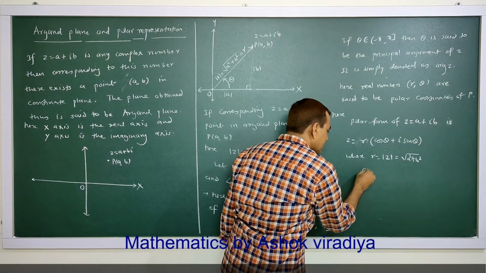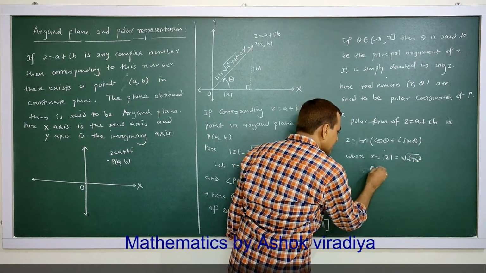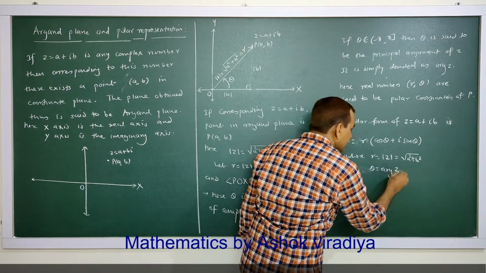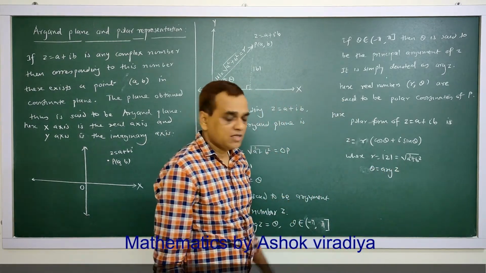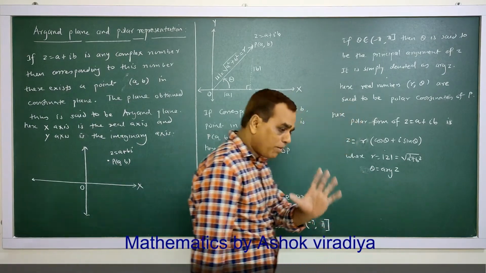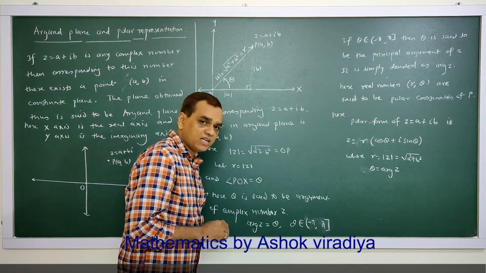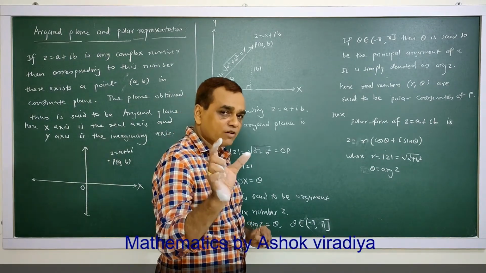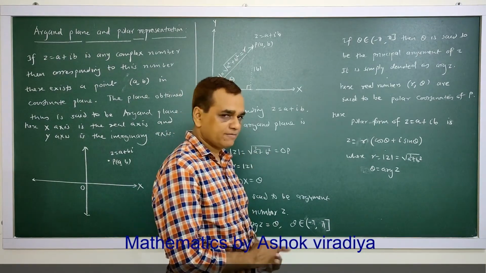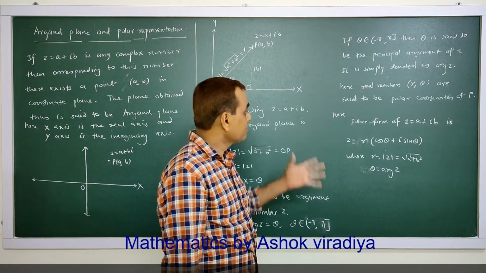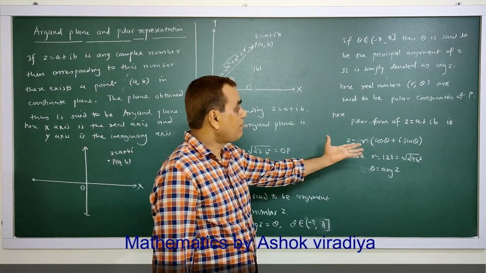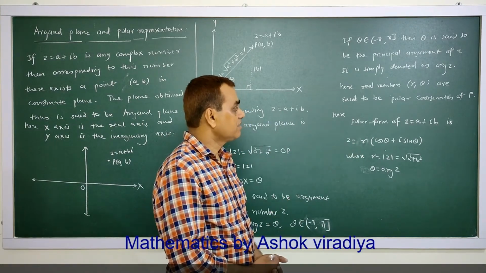And theta is argument of Z. So theta belongs to the open interval minus pi to pi, or you can take theta from any interval of length 2 pi. So this is the polar form of complex number Z.